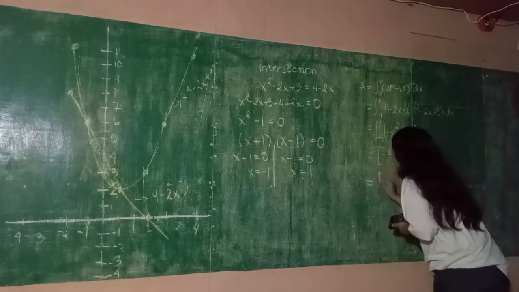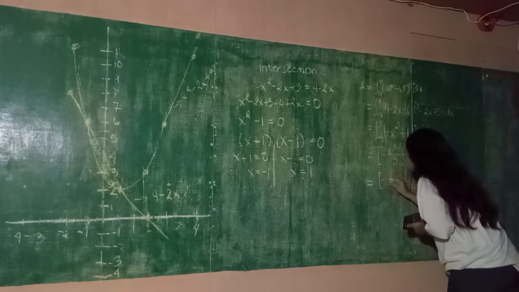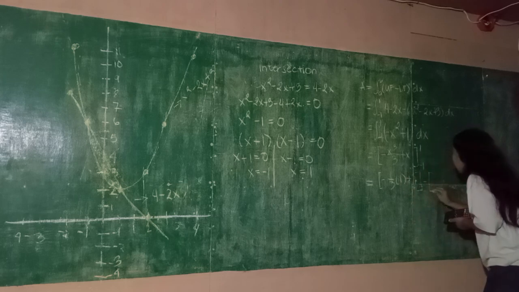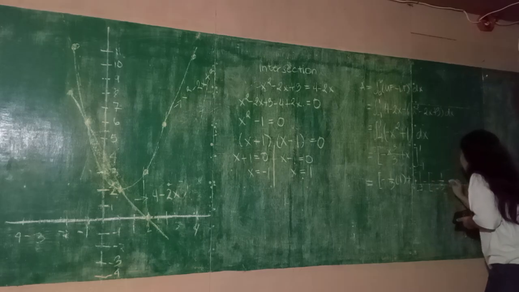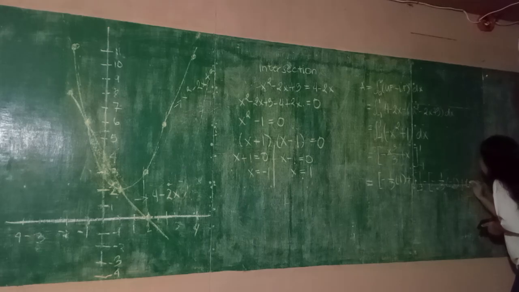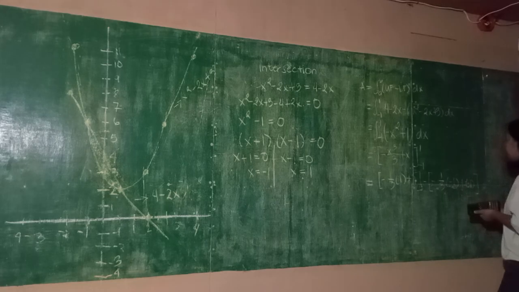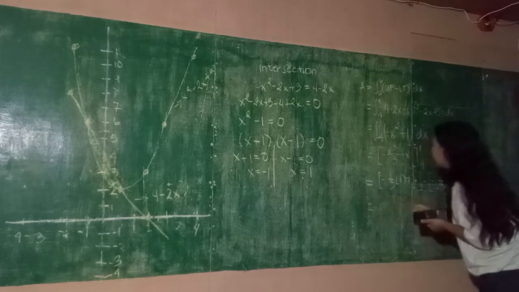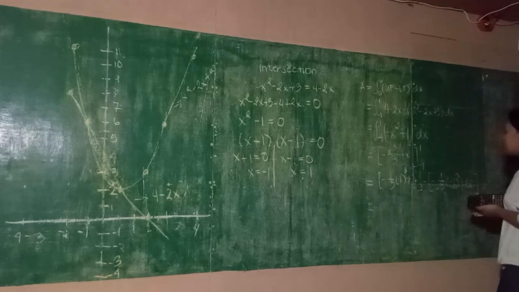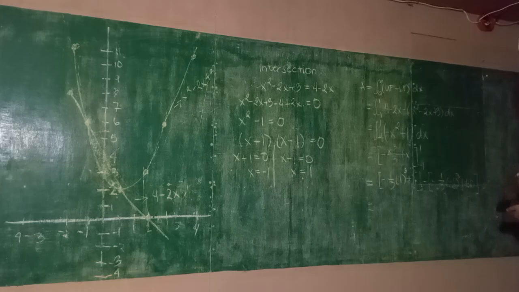And so it will become negative 1/3 times 1 plus 1 minus negative 1/3 times negative 1 plus negative 1, and then negative 1/3 times 1 cubed plus 1 minus 1 over 1/3 minus 1.